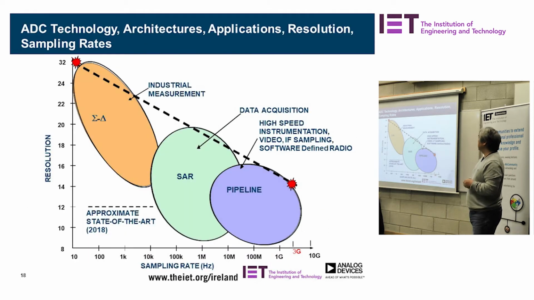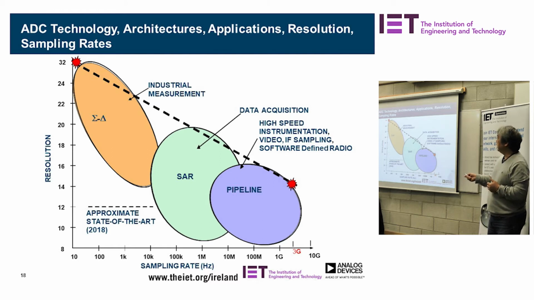Okay, so we look at some of the ADC technology. We have Sigma-Delta, SAR ADC, and pipeline, and at the moment we are breaking the barrier of 3 gigasamples per second, something even 3.5, very high speed. Depending on what area you're in, whether telecoms or weigh scales, we have something for everybody. They go up to about 32-bit precision.